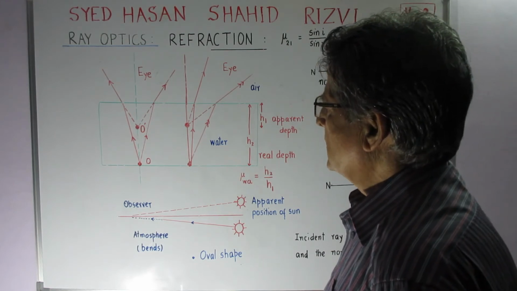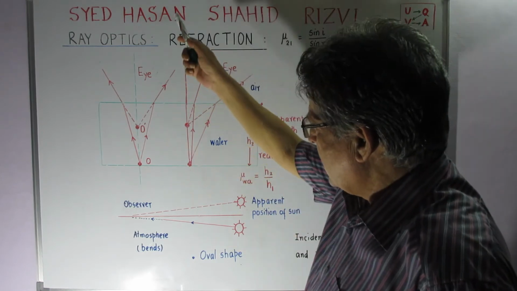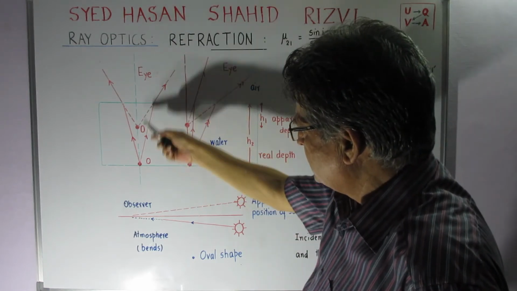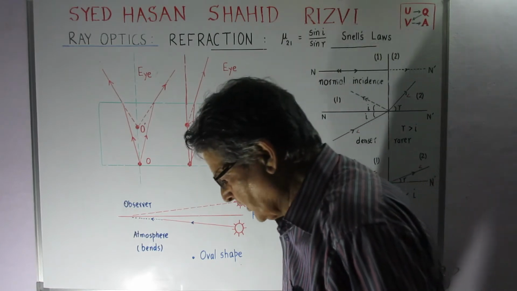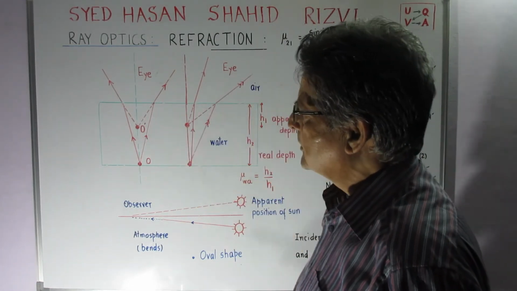Look here, what happens? If I have our eyes fixed in the normal direction, near normal direction, then there are two set of rays, okay.